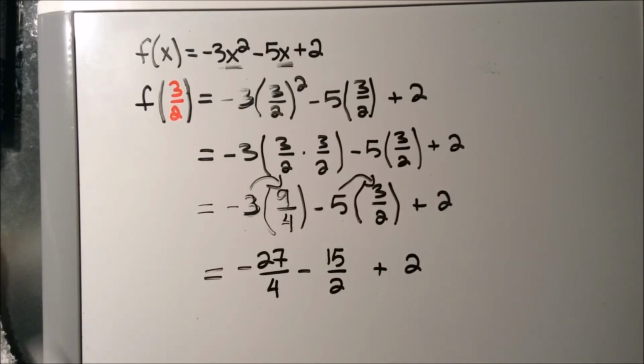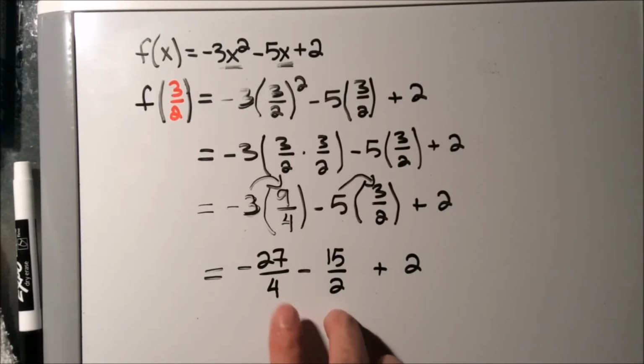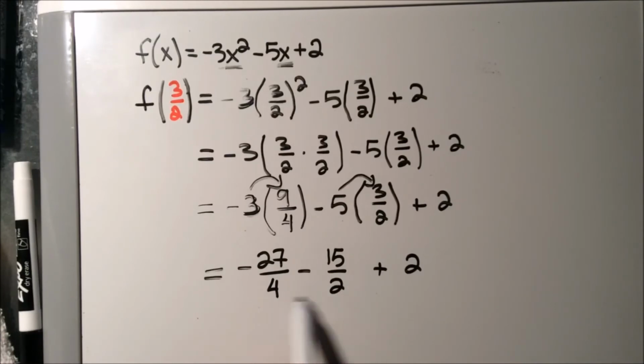Now the issue we have is that we have two fractions with different denominators and a whole number. We need all of them to be fractions with a common denominator in order to combine them. If we look closely at these two, the common denominator would be 4, because 2 can become 4.